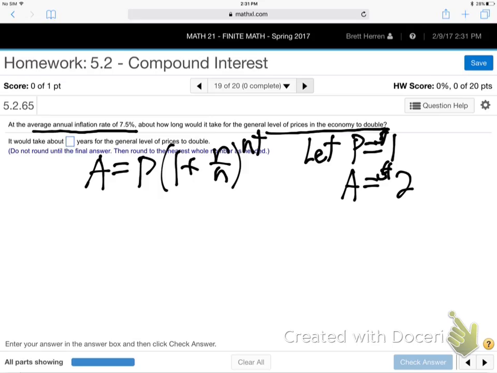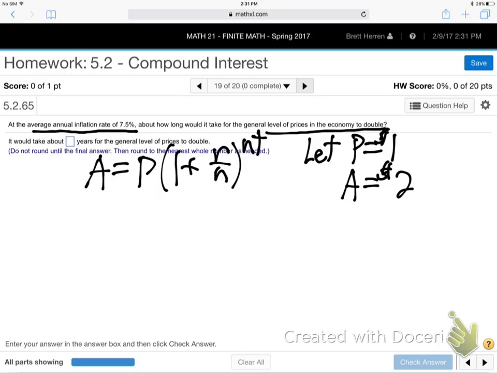It might be easier to say, if I'm wanting prices to double, I'm wanting to know how long until $1 becomes $2. Or you could do $2 becomes $4 or $3 becomes $6. It'll work the same. You can pick any number you want for the principal investment and twice that much for the amount it becomes, and this formula will work. Does that make sense? You're just saying I want all prices to double.